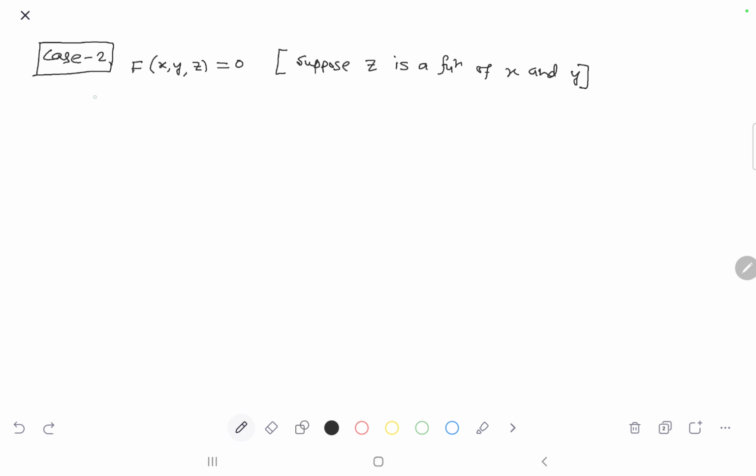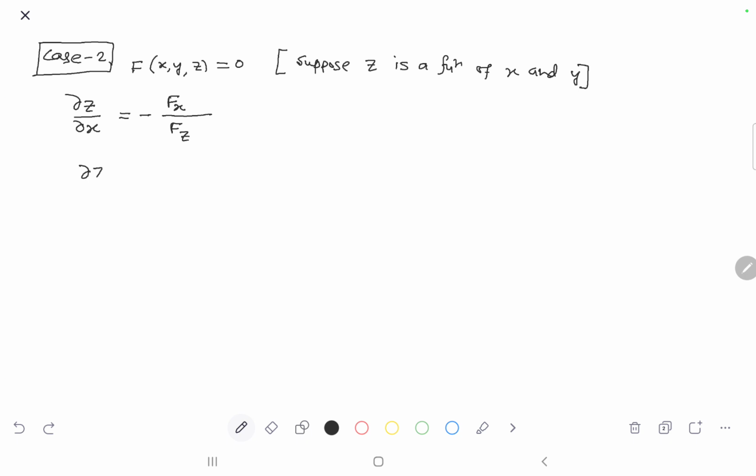So we calculate del z del x, the change of z with respect to x partially. How do you get it? It will be minus of the partial derivative of f with respect to x divided by that with respect to g. Mayan, clear?